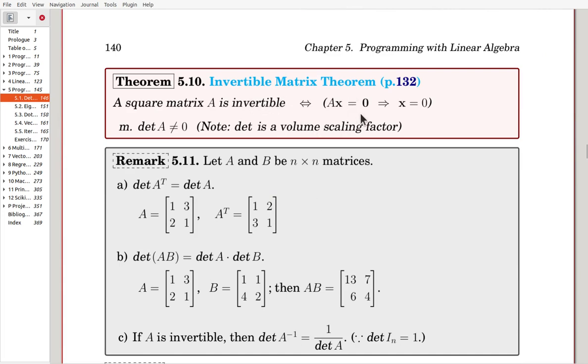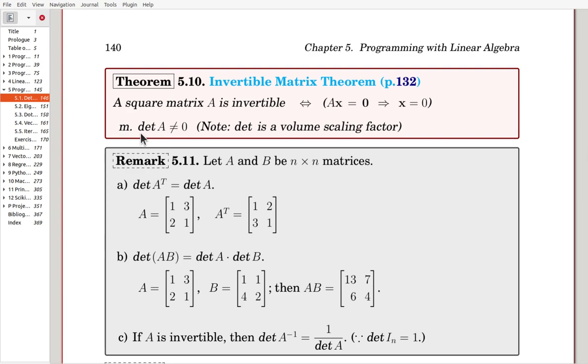Invertible matrix theorem, we can add one more line for the invertible matrix theorem. A square matrix A is invertible, then it is the same as this one. The homogeneous system has only the trivial solution. Now, that is equivalent to saying the determinant of A is non-zero.